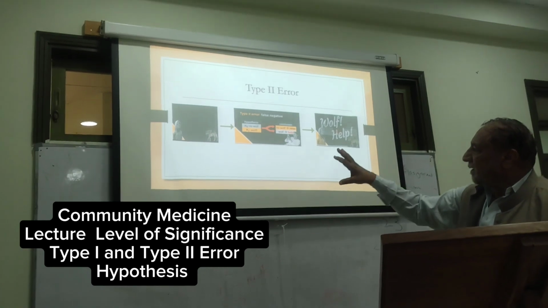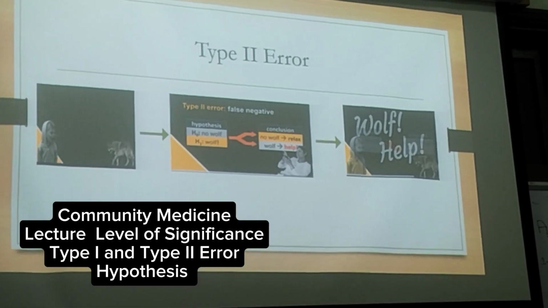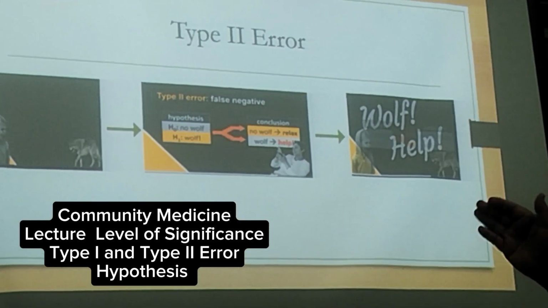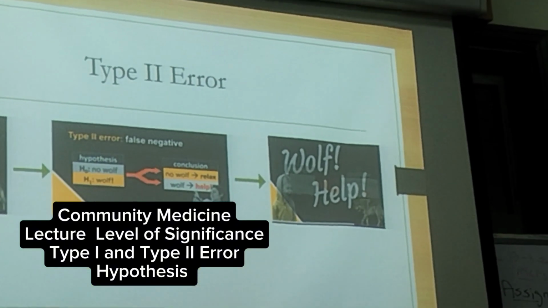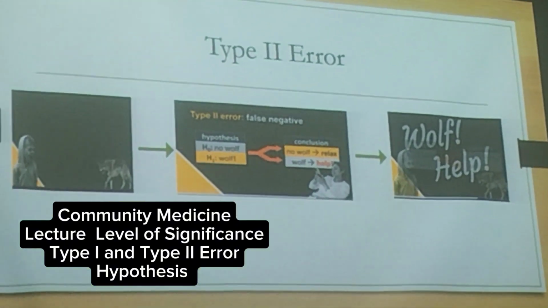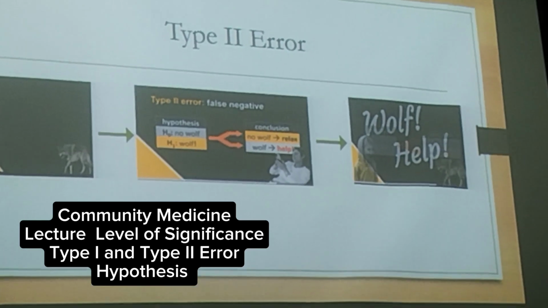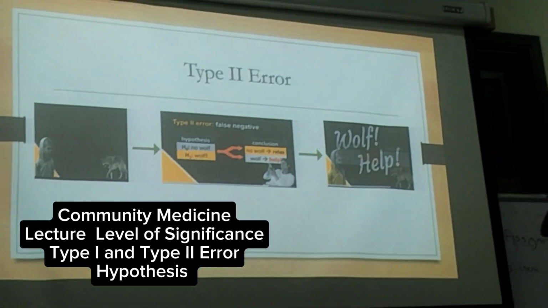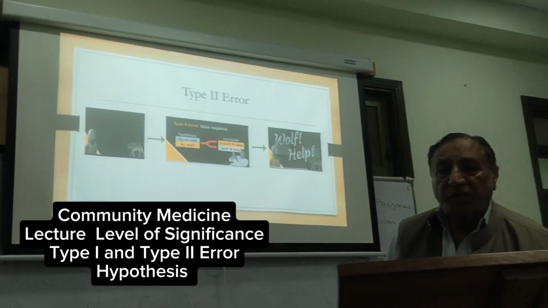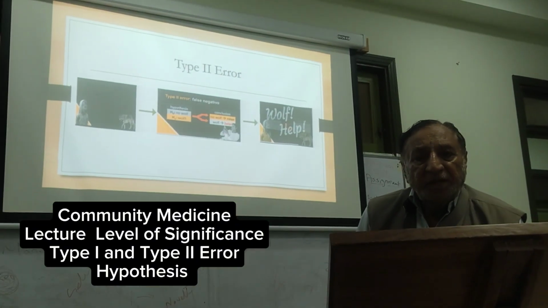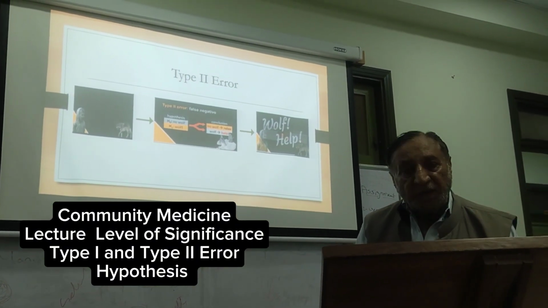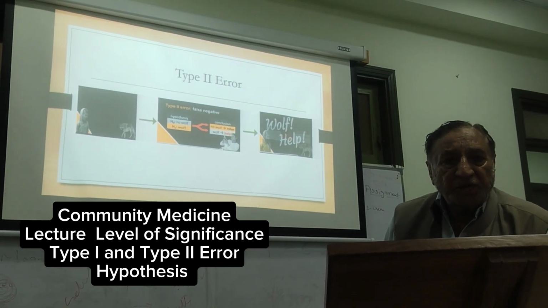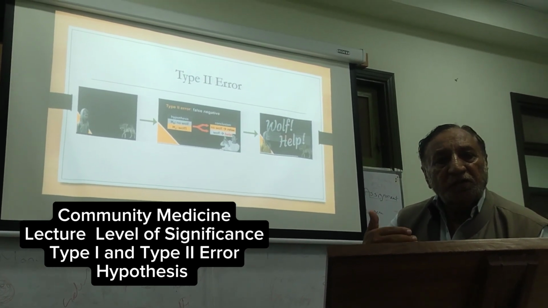You can see the story of the wolf, in which the wolf was either not present or present. In both scenarios, the alarm was called, and the wolf was not present. Then we went to the alarm, and it is a false hypothesis, and we should fail to reject.